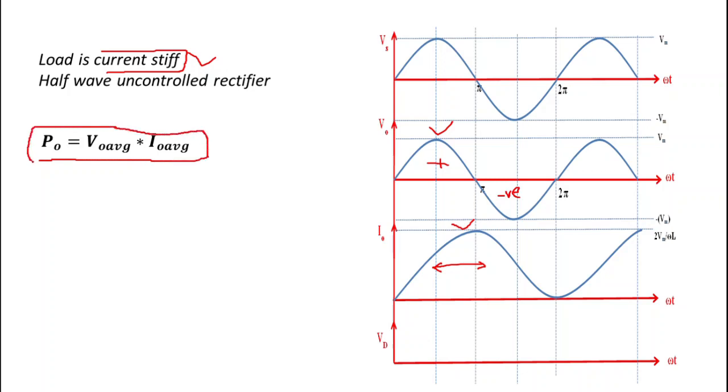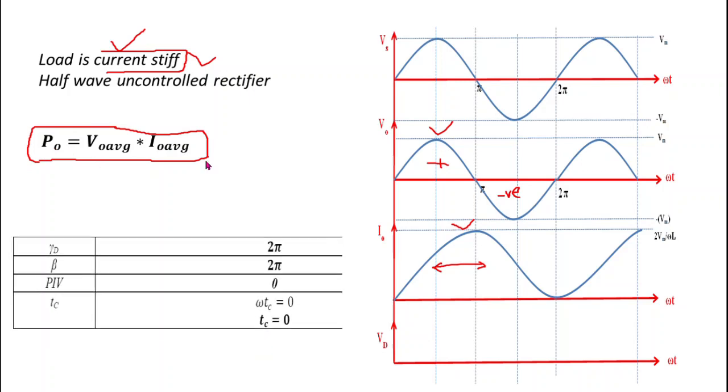While in case of a voltage stiff load, that is a resistive load, the output power is written as I naught RMS square into R. But here, because the load is current stiff, we always write the output power as V naught average into I naught average.